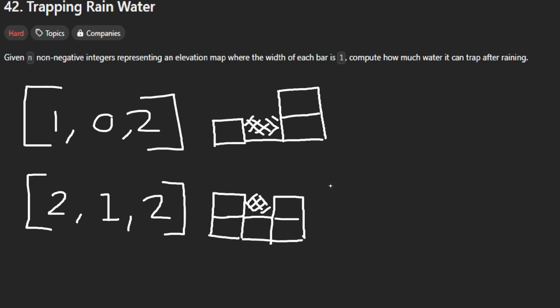So what we need to do for this kind of challenge is we want to do a left to right sweep and then a right to left sweep. And so we'll have two arrays.